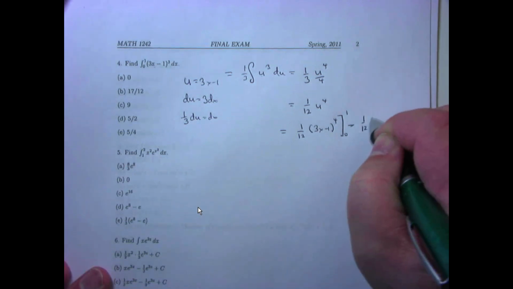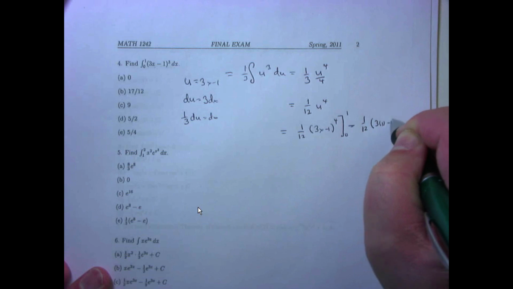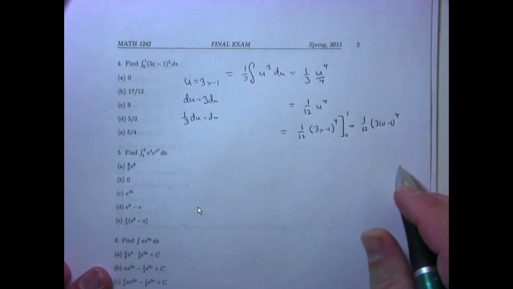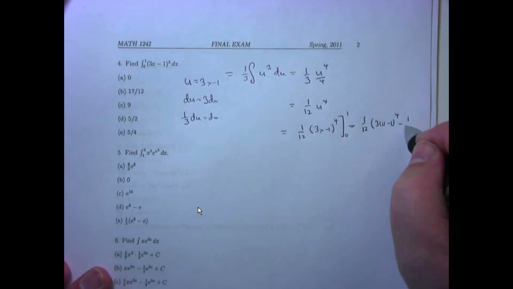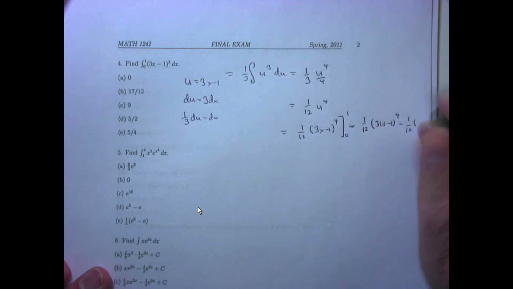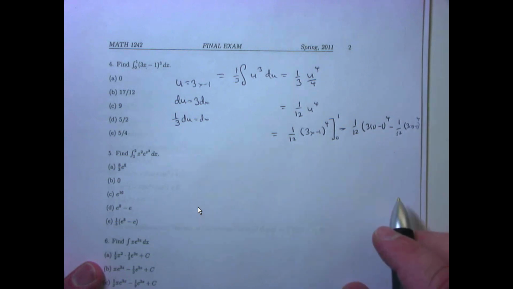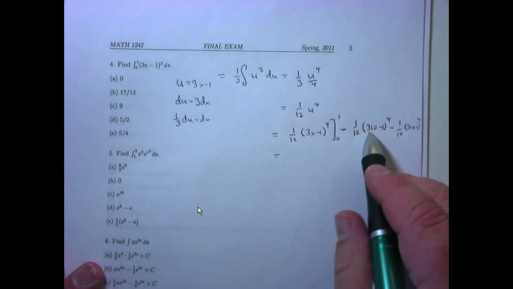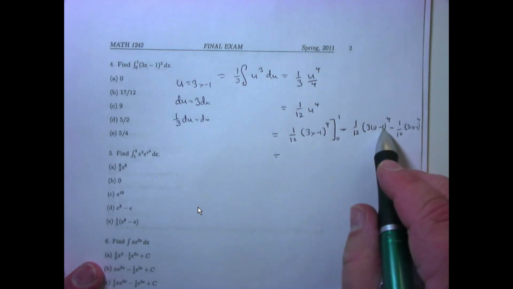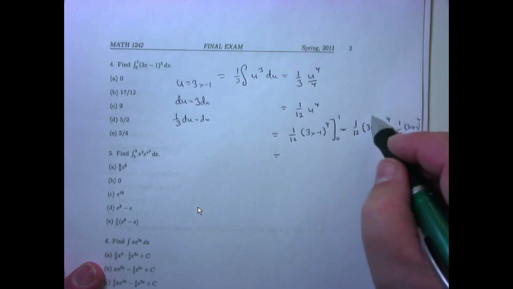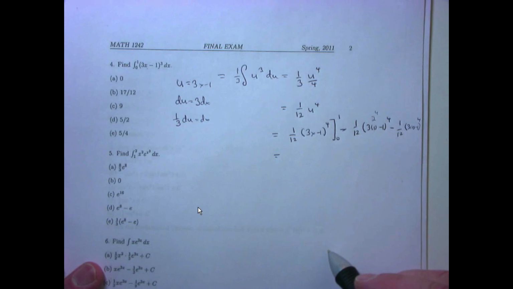This is equal to 1/12 times 3 times 1 minus 1 to the 4th minus 1/12 times, running out of room here, but we got it, 3 times 0 minus 1 to the 4th. Does that make sense? Well, let's crunch some numbers here. 3 times 1 is 3, minus 1 is what? 2. 2 raised to the 4th power. What's 2 times 2 times 2 times 2?